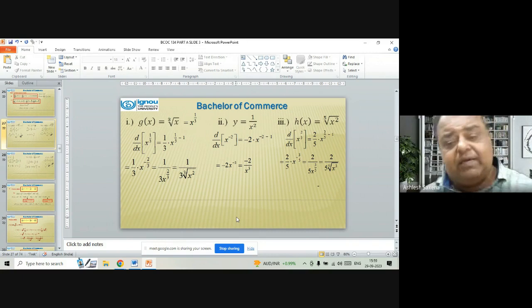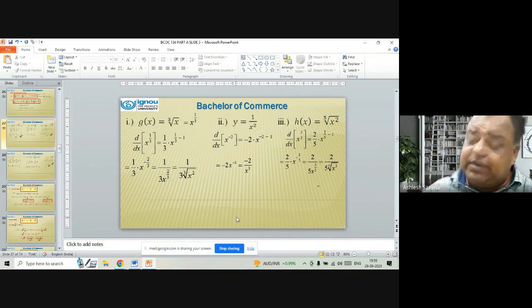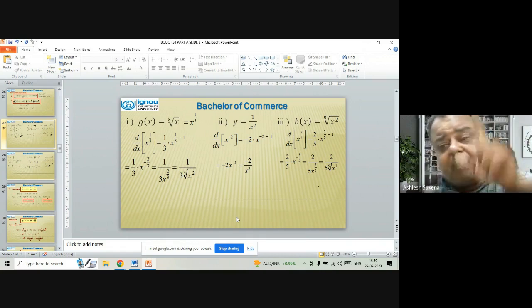The third problem. It is the fifth root of x squared. Mathematically, it is x raised to the power 2 by 5. I have to differentiate x raised to the power 2 by 5. So I will be bringing this 2 by 5 in front of x, and I will be reducing the power by 1.